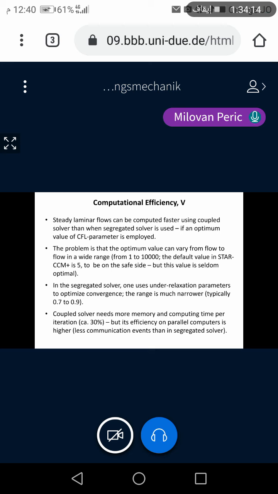So there are 5 times fewer events if it's with temperature variation, and that means less communication, and that's why parallel efficiency is high. So if you see simulations on a very large number of processors, the coupled solver is more efficient. But as I said, this solver has an advantage only for steady flows.